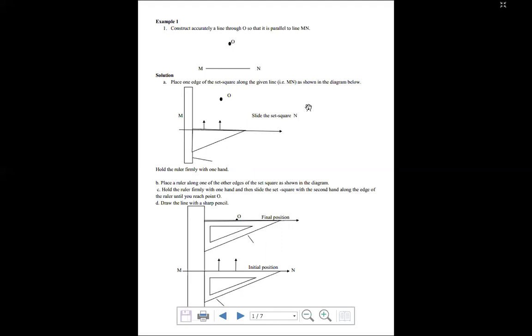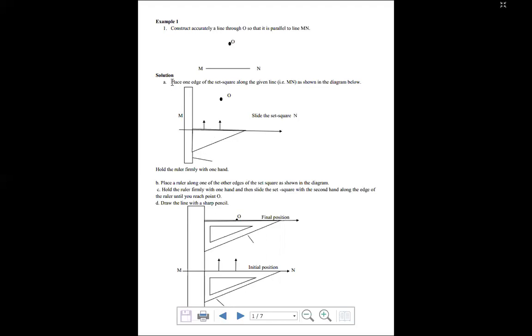The first method is to use a ruler and a set square for the construction, just like you can see in the image below. While the other method is to make use of a pair of compasses and a pencil to carry out the construction.